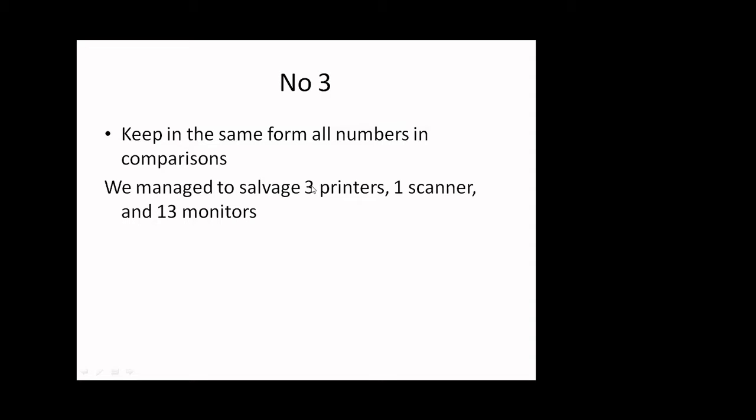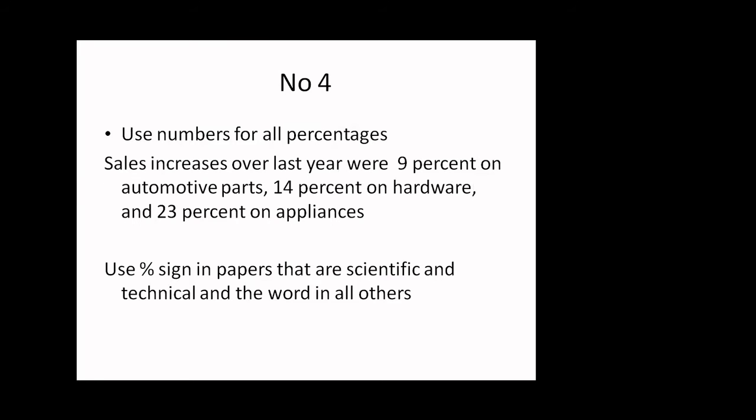Instead of writing three and one in words, you can always give the figure. When you have many numbers in the same statement, keep them in the same form for comparison. So you have 3, 1 and 13, write figures. You don't have to spell it out. So this is rule number 3 for numbers.